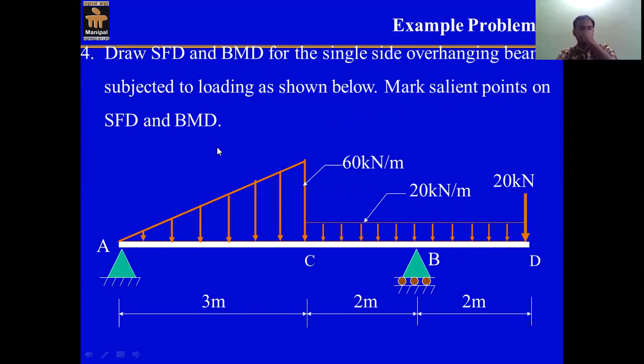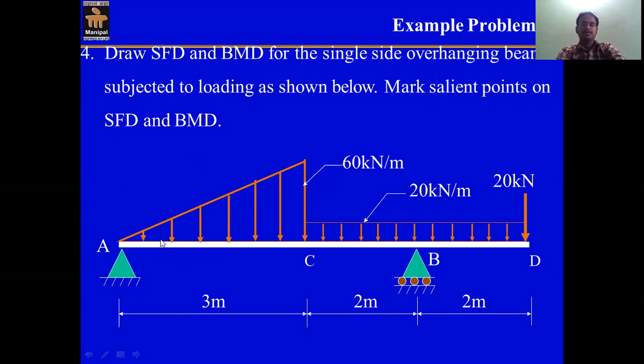Salient points means the inflection points where the bending moment changes its direction, and where the maximum bending moment is. We also need to determine the zero shear force points, either from A or B.